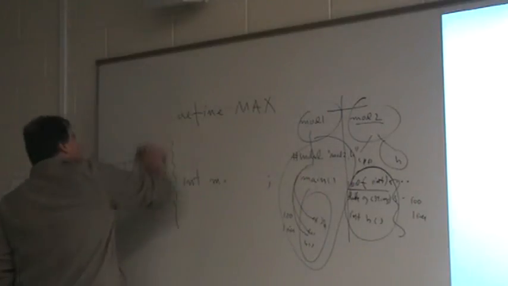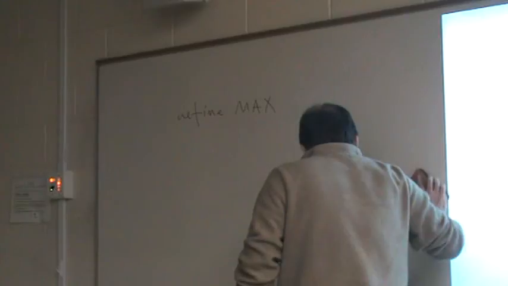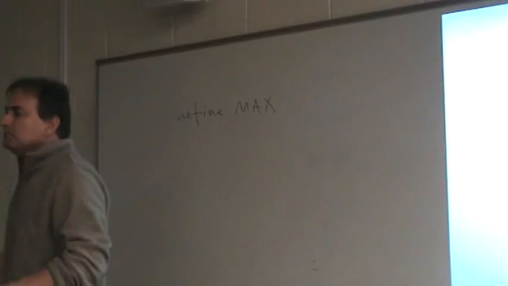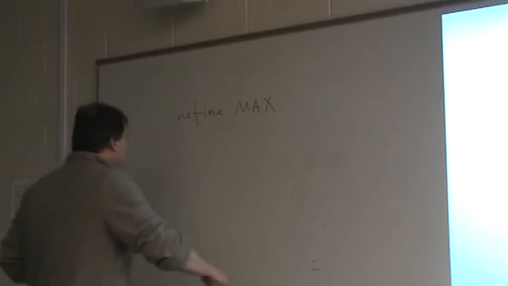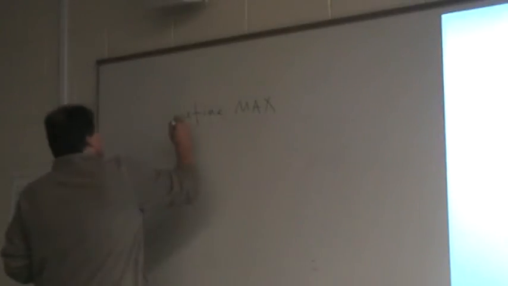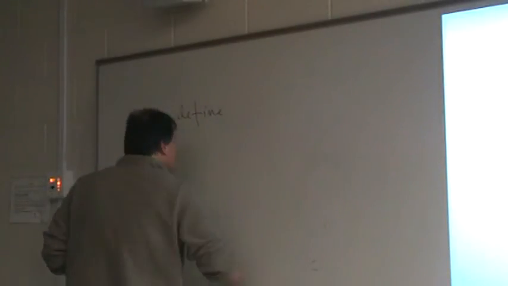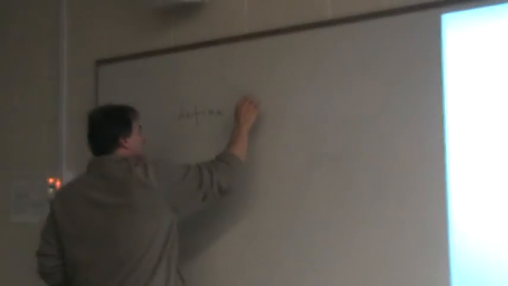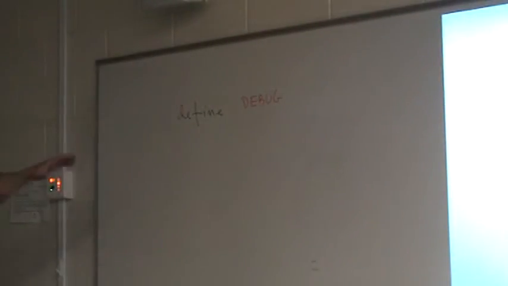Suppose you wanted to run your code in two modes. One of them is the regular mode, one of them will be a debug mode. So you can say pound define, we're going to put DEBUG. Do you notice that my debug is capital letters?